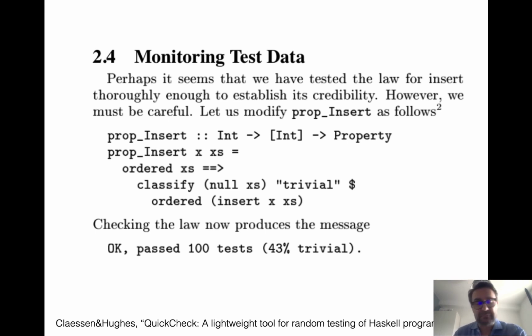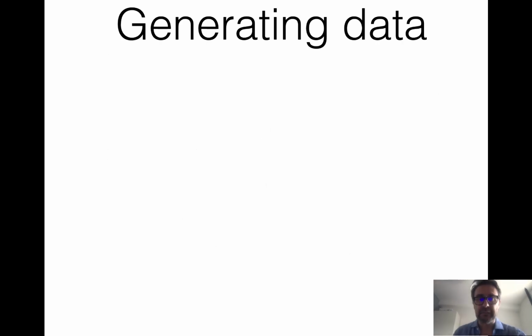So, you know, this is very important when you test for longer time and more complex situations, because if say 90, 99 or even more percent of your data is trivial, small, or the same, then your testing is not as good as you think. So this can be a practical tool. It's not really part of the key elements of the technique, but it is important to know about, because in practice you will need it.